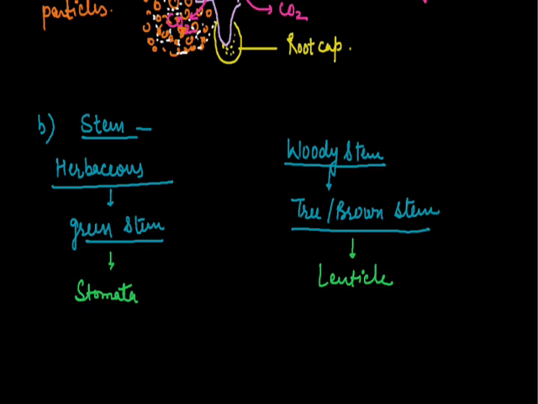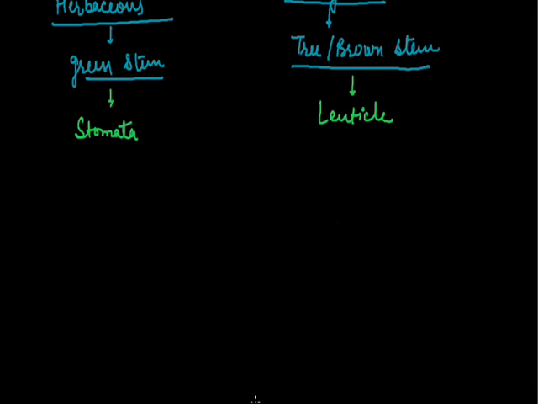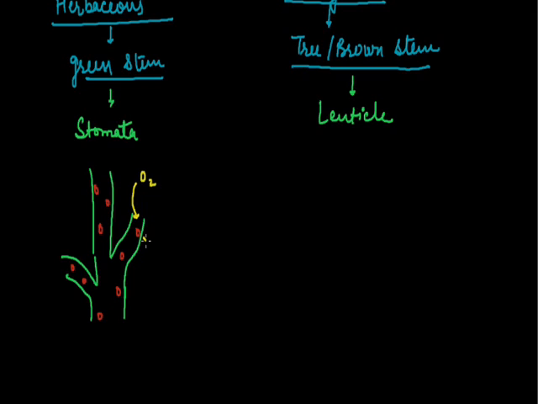These tiny pores are involved in the gaseous exchange at the surface of the stem, whether it's a green stem or a woody stem. At the surface of the green stem, these tiny pores, stomata, are available, and through them gaseous exchange is possible. They take oxygen in and liberate CO2 out.